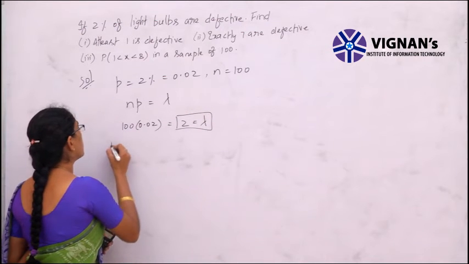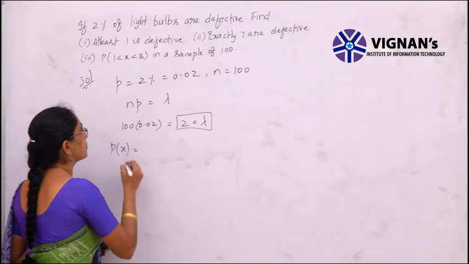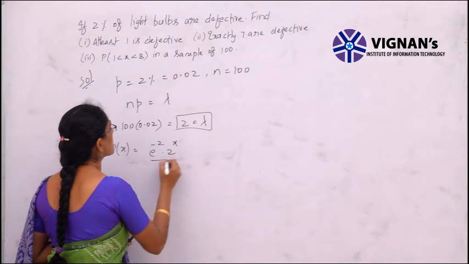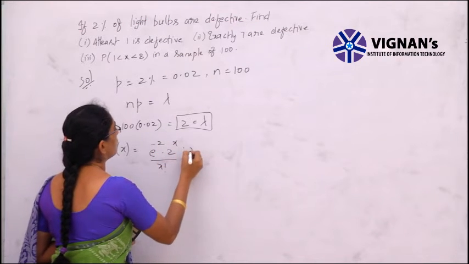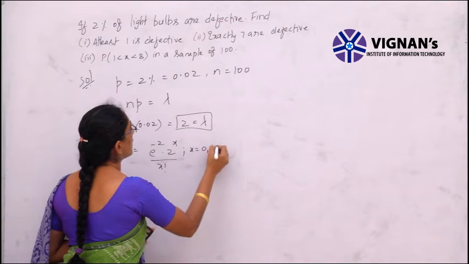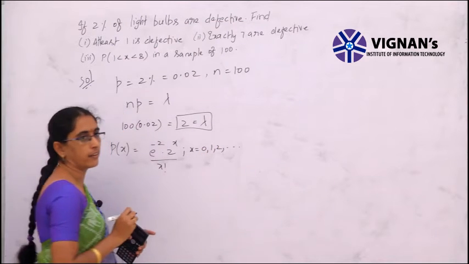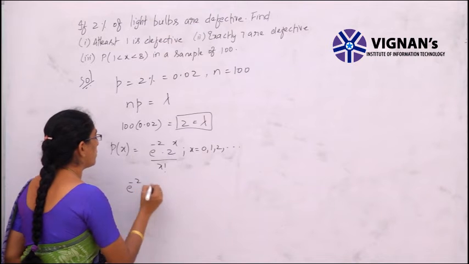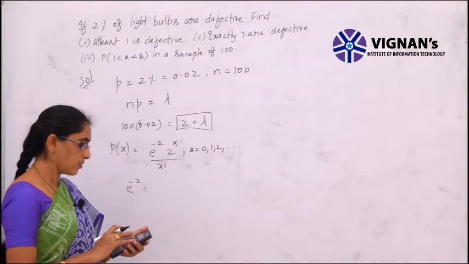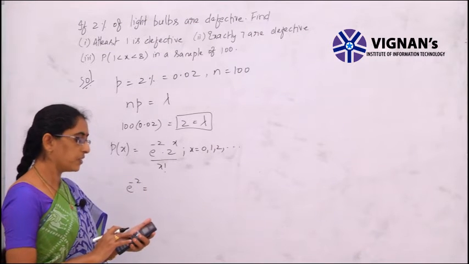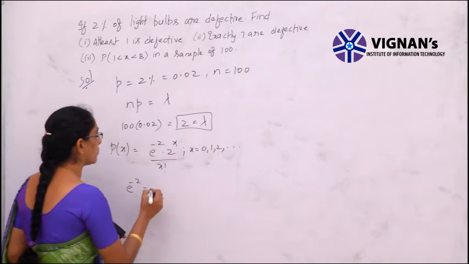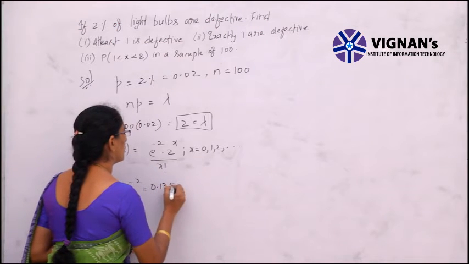So our probability function for Poisson distribution is e power minus 2 into 2 power x by x factorial for x equal to 0, 1, 2, and so on. Now, as usual, find the value of e power minus 2 here. So, use the key Shift ln within a bracket minus symbol and 2, it is 0.1353.